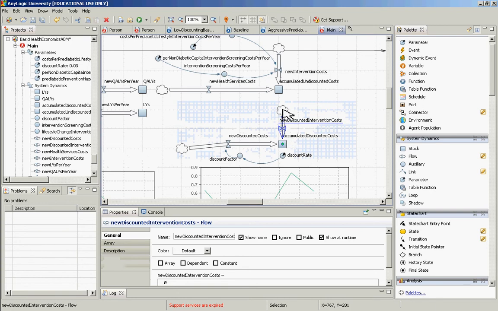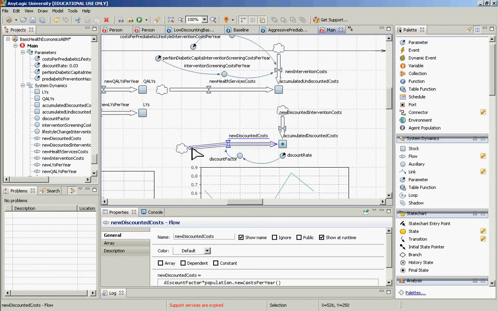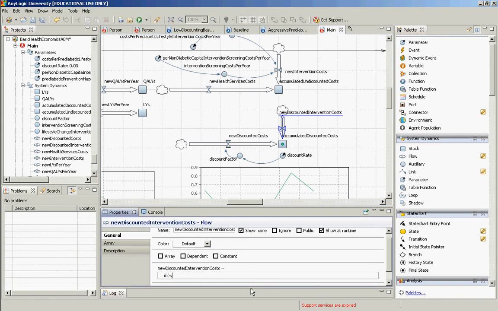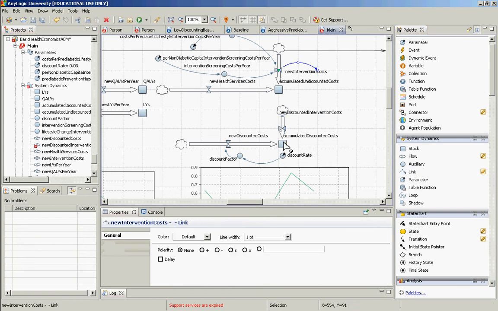So now we have, for the discounted cost side, consideration not only of the cost borne to the population, to the healthcare system through the health of the population, but we're also going to be able to take into account discount factor times this new intervention costs, where the new intervention costs are costs that are considered undiscounted, and we're going to be able to take into account by discounting them by this discount factor.